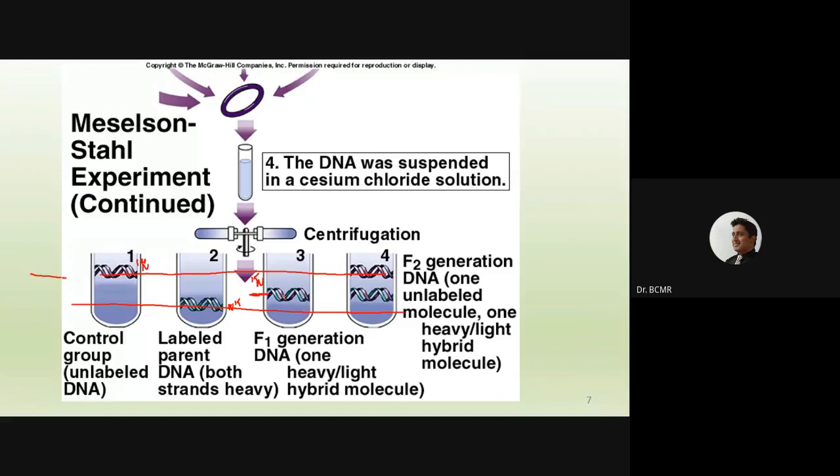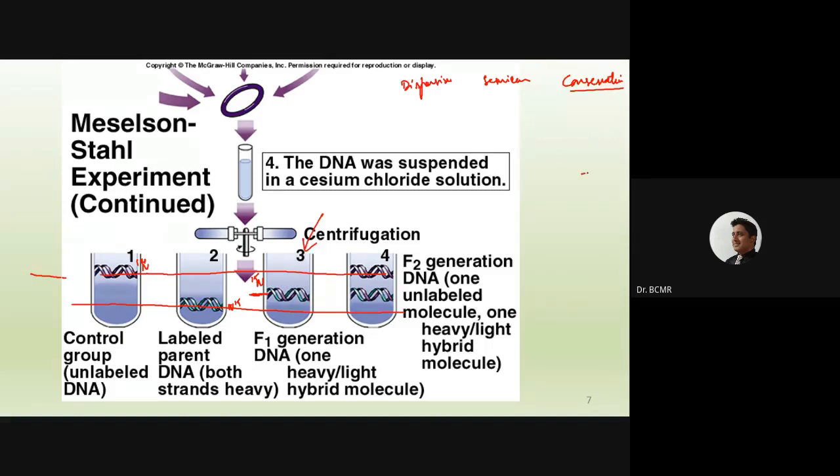So people thought, which of the models can you eliminate? We had three different models, right? One is dispersive. The other one is semi-conservative. The other one is conservative. If it were conservative, what would you expect in this stage?